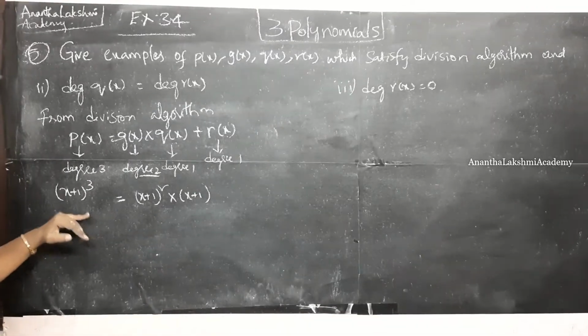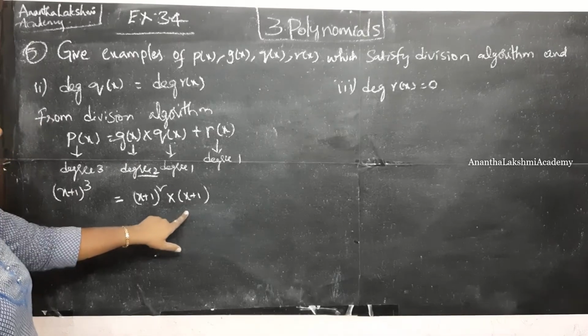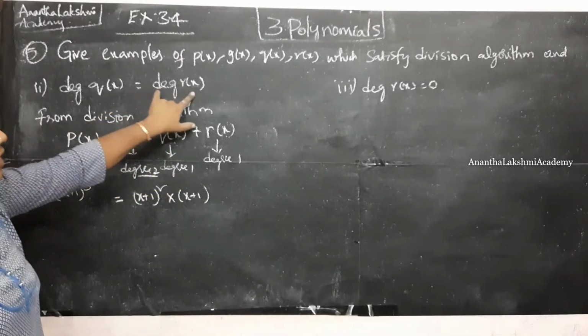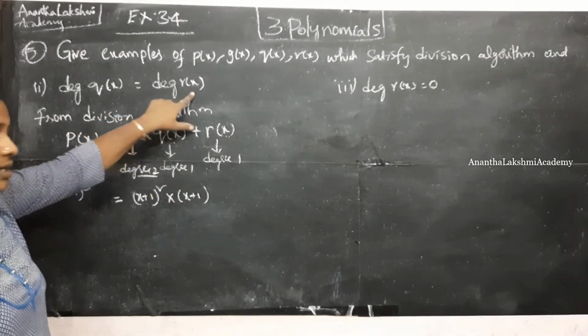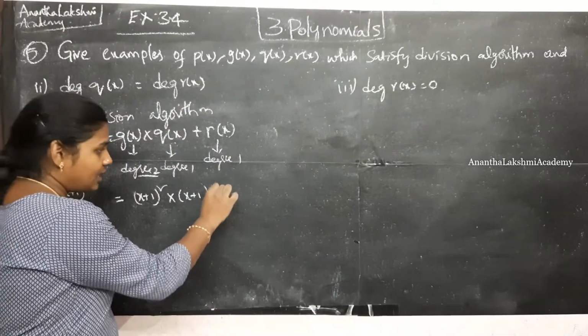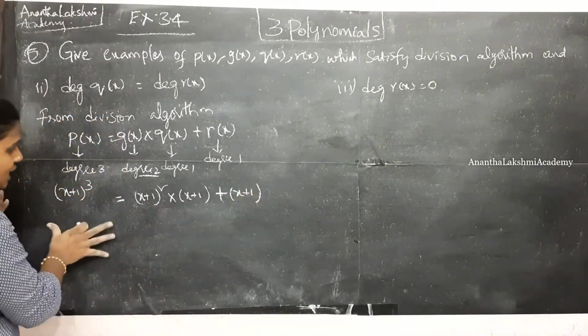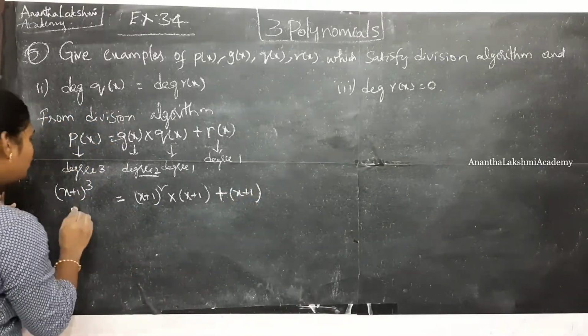Now what happens? Here the degree of q of x is 1. But he said that within the condition degree of r of x also is 1. So here we need to add a remainder of x plus 1. Now what happens? This equation will break. So what do we need to do?